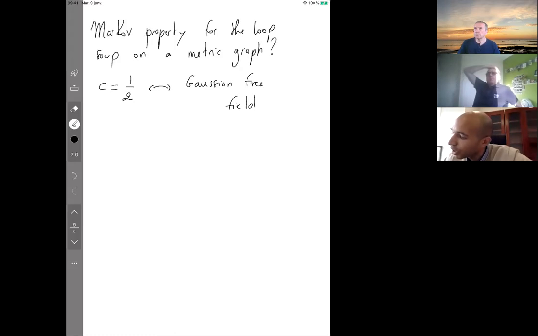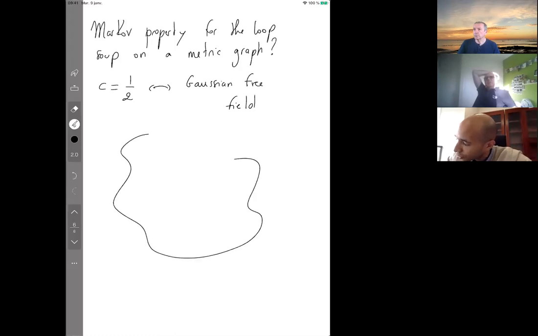So first, what do I mean by Markov property for the loop soup on a metric graph? Suppose that you have a graph, and you look at a subset of the graph. And you want to look at the loops outside this subset.